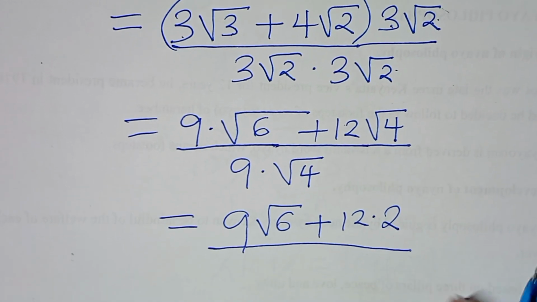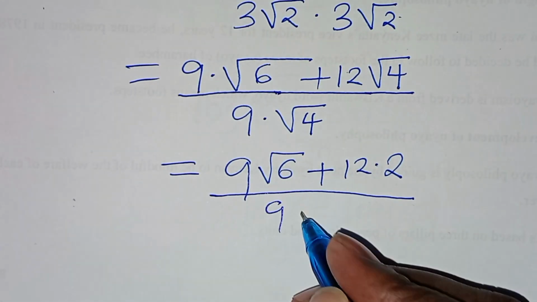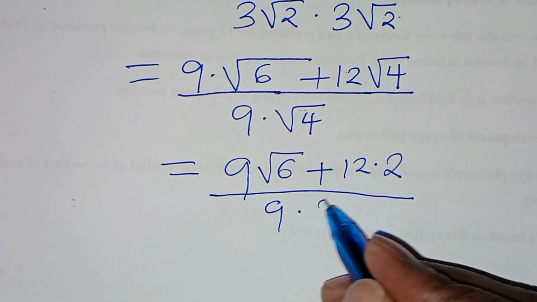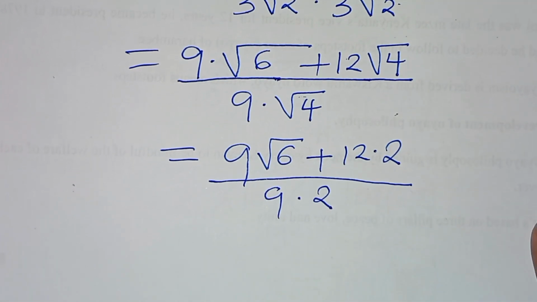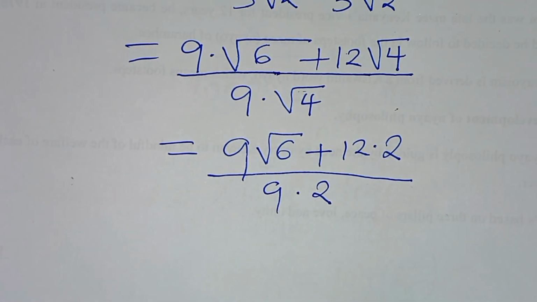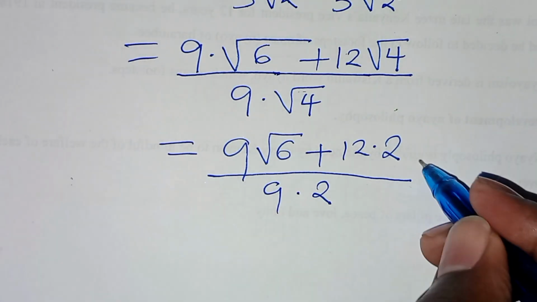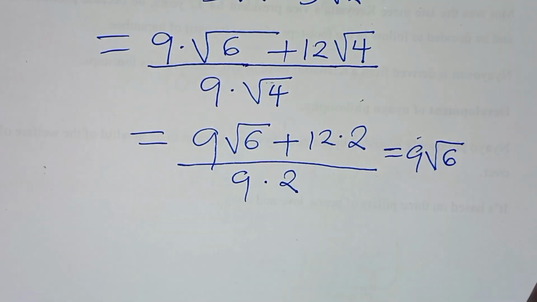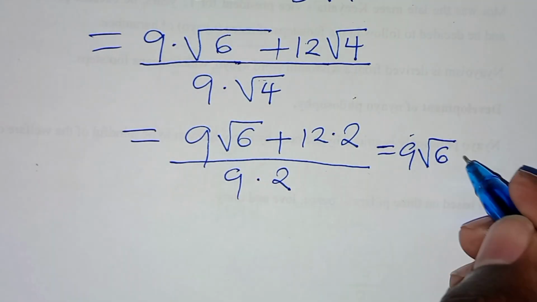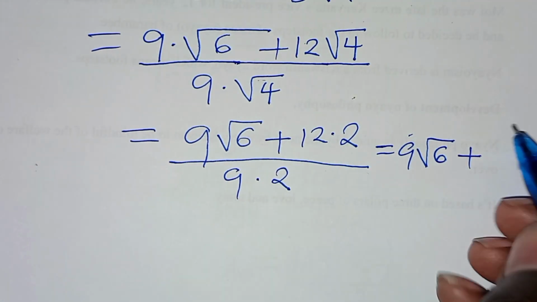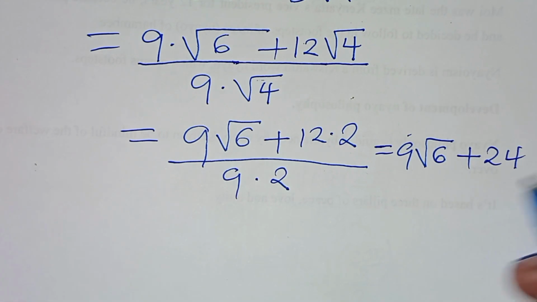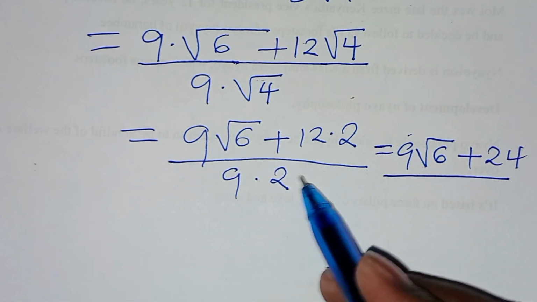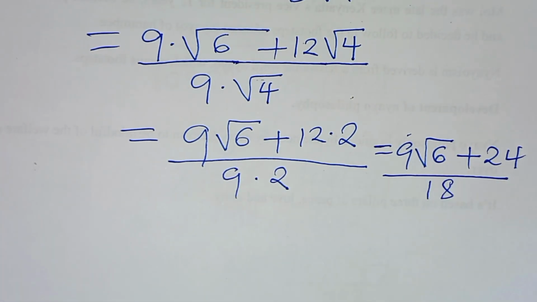Then divided by 9 times the square root of 4, which is the same thing as 2. Now, the next step here, we have 9 square root of 6 plus 12 times 2, which is 24, divided by 9 times 2, which is equal to 18.